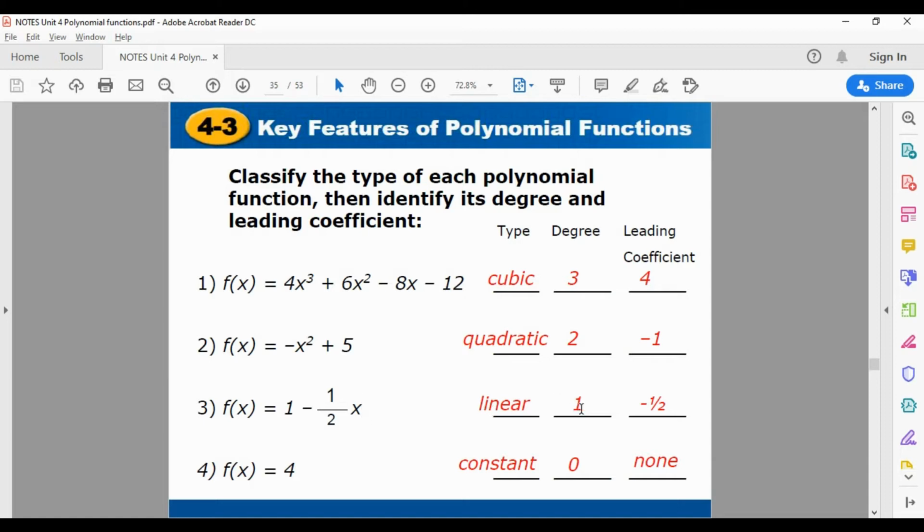This is still a linear, it's still a degree 1, and the leading coefficient can sometimes seem a little bit deceptive, as in this case, because the leading coefficient doesn't necessarily come from the leading term depending on how the polynomial is written. The leading coefficient always comes from the term in the polynomial that has the highest degree. So in this case, this is a constant, that's degree 0. This is degree 1, which means this is a degree 1 polynomial, and its leading coefficient is this negative 1/2.